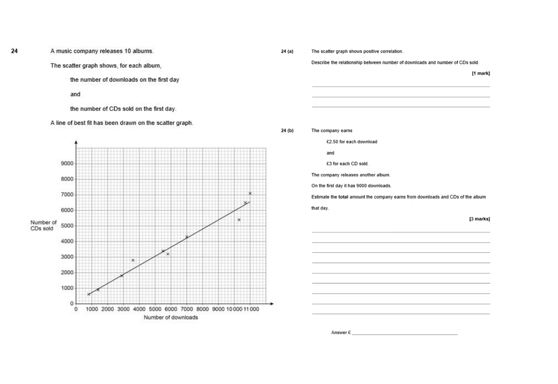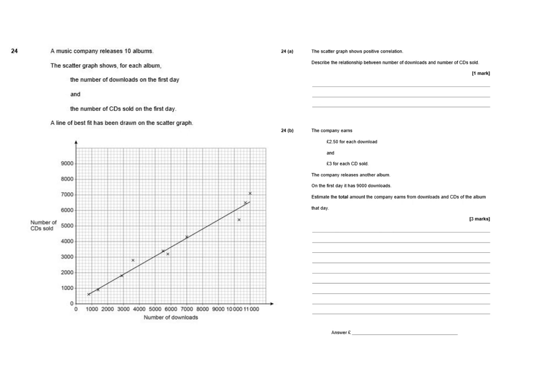So question 24 is using the scatter diagram. This scatter diagram shows positive correlation. Describe the relationship between the downloads, so it's describing the relationship, not just saying what type of correlation it is.